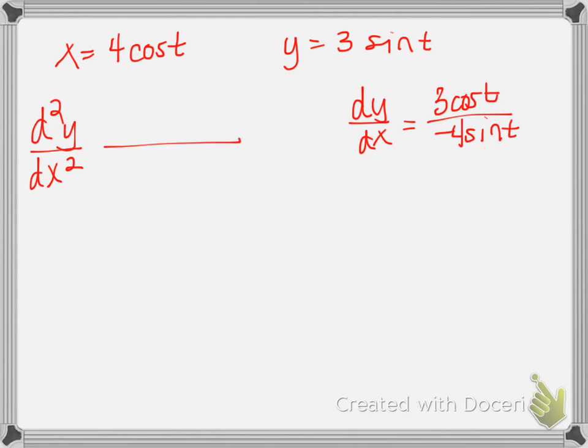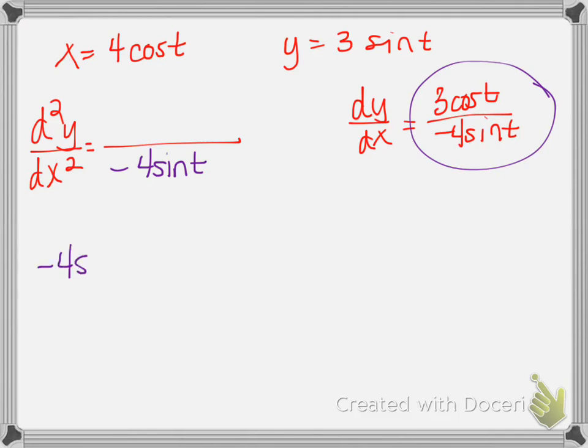Your formula says you find the derivative of what you got and you divide that by the derivative of x. Well, the derivative of x, we already know, is -4 sine of t. But to get the top answer, you're going to have to do the quotient rule here, because you've got to do the derivative of that.